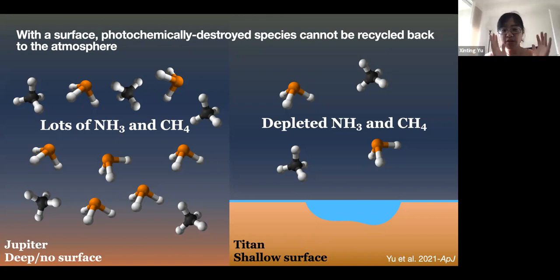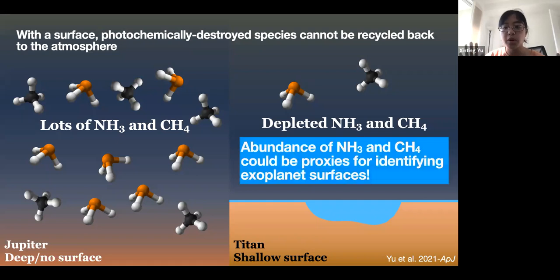Anyway, having this dichotomy between Jupiter and Titan and the abundances of nitrogen and methane, I had this idea: maybe we can use the abundances of these photochemically fragile species to tell us if an exoplanet has a surface or not.